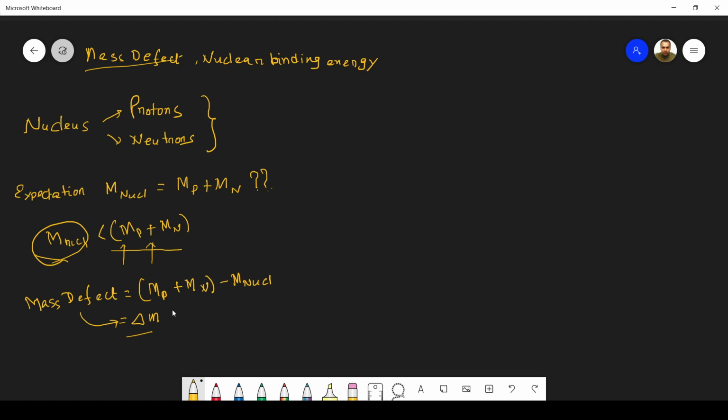Now, another question: what is the nuclear binding energy? In order to understand it, let us come back to mass defect again.